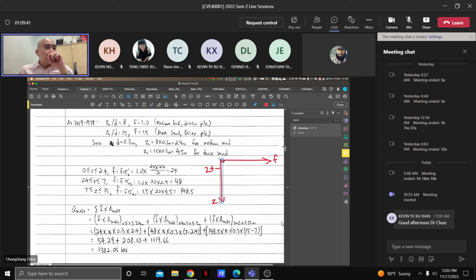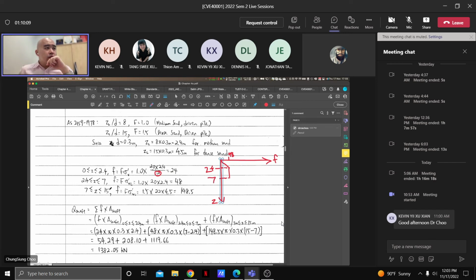It will increase with depth linearly up to a value of 48. But the calculation here is actually the area under the triangle. That's why it's 24 divided by 2. You see this divided by 2 over here. Then after that, it stays at 48 until a depth of 7 meters.